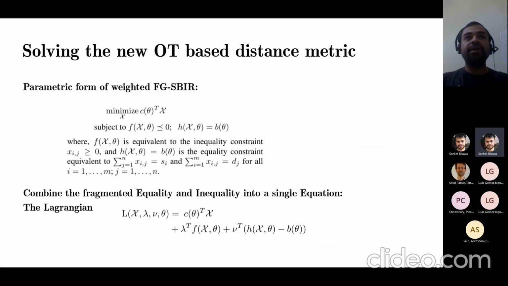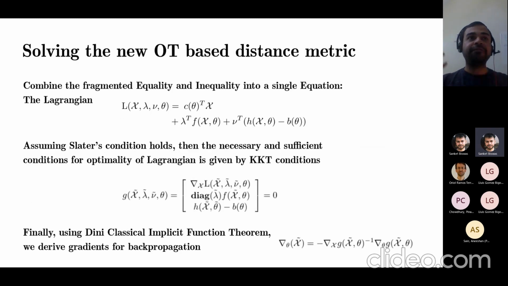From the parametric form, you have a unified equation, which we call the Lagrangian, which combines the equality and inequality constraints for an optimal transport problem. Finally, with the Lagrangian, you use Slater's condition and the KKT conditions, following the classical approach, and you can get the gradients. If you get the gradients, you can backprop and learn in this weighted FG-SBIR, which helps you get this distance metric that is partialness-aware.